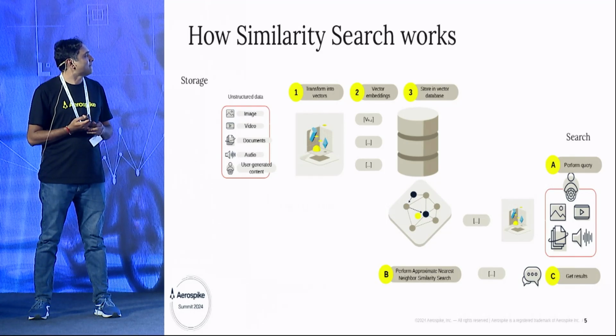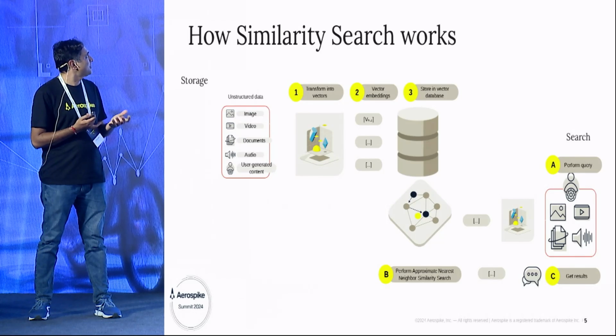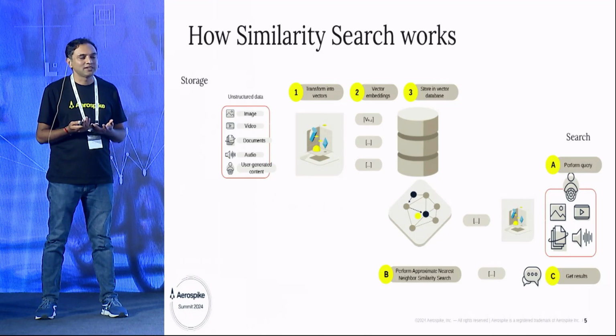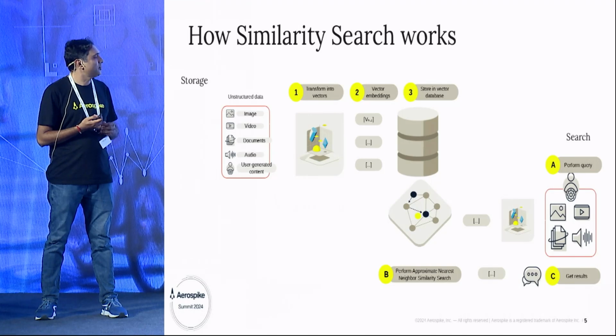The key property that a vector transforming model would have is that items which are similar in the human sense or in the input sense would end up in vectors which are close together in the vector space. That is one of the key aspects of the models that you use for creating these vectors or vector embeddings. So the workflow is you have unstructured data, you have a model.